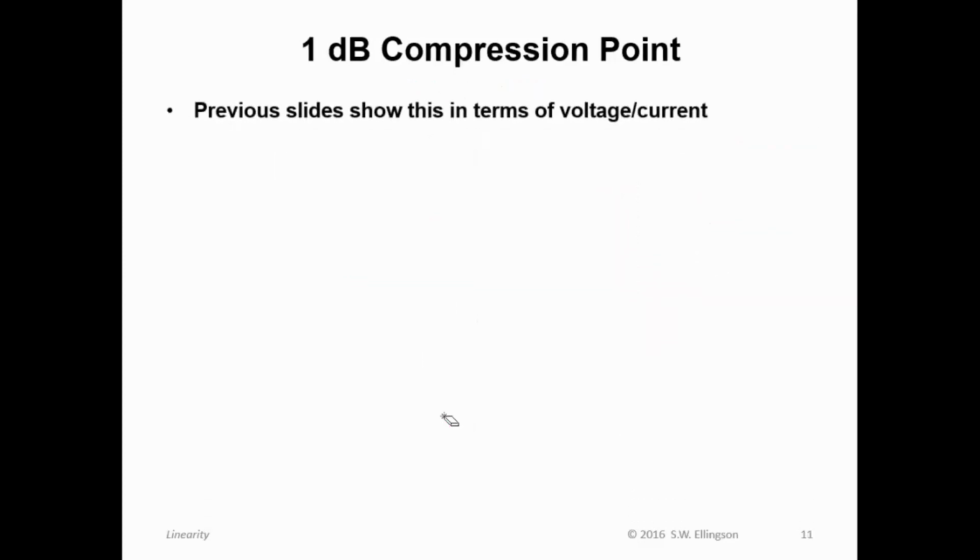Now, the previous slides show this in terms of voltage and current. I said A or X could be either voltage or current, and Y could be either voltage or current. It really doesn't matter as long as you agree what you mean by X and Y. But frequently we're not interested in voltage or current. What we're interested in is power.